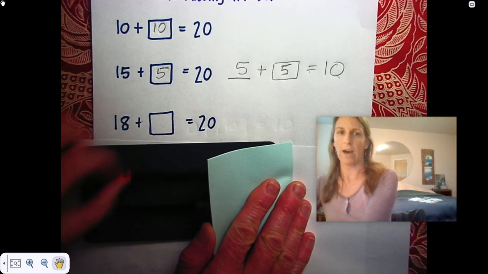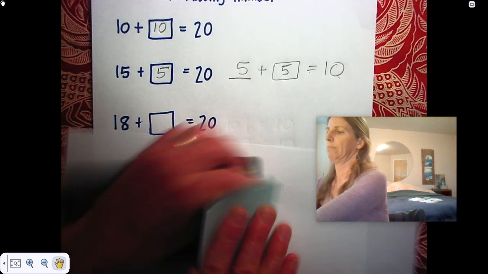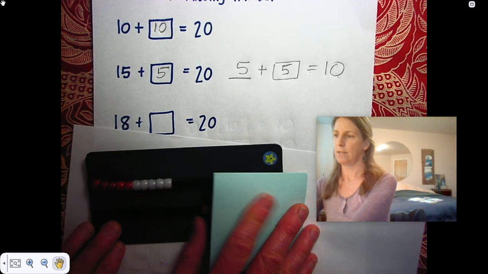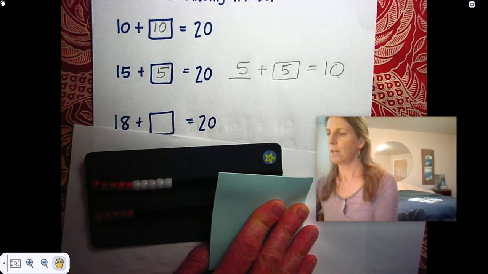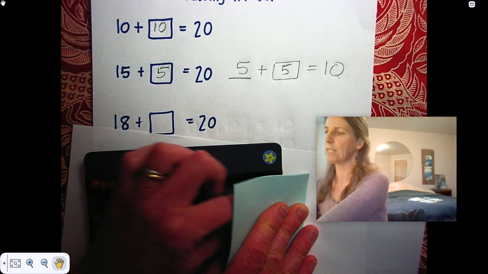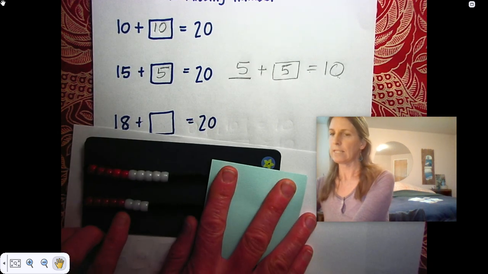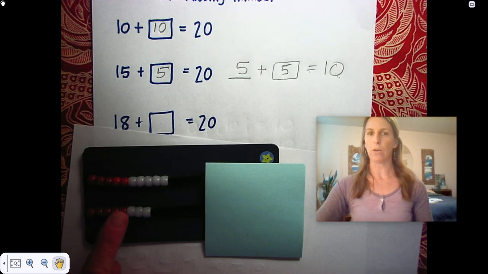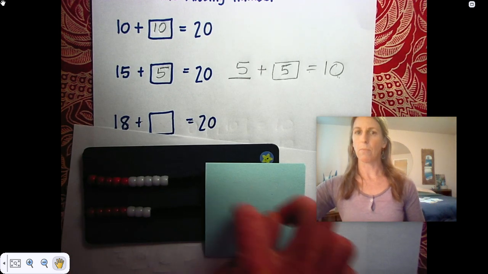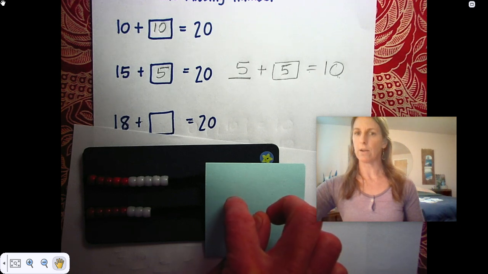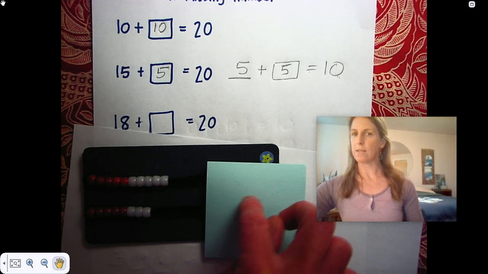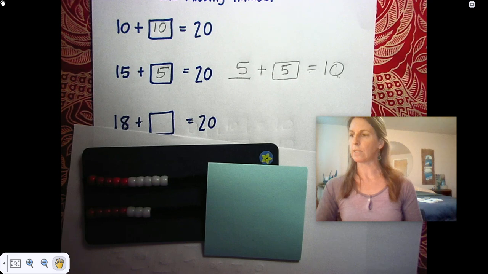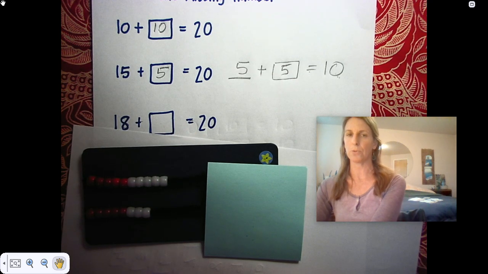So here's 5, 10, 15, 16, 17, 18. So there's 18 that I've brought over to this side. Some more are left right here. And if we add these to these, we'll get that 20 that we're working towards.